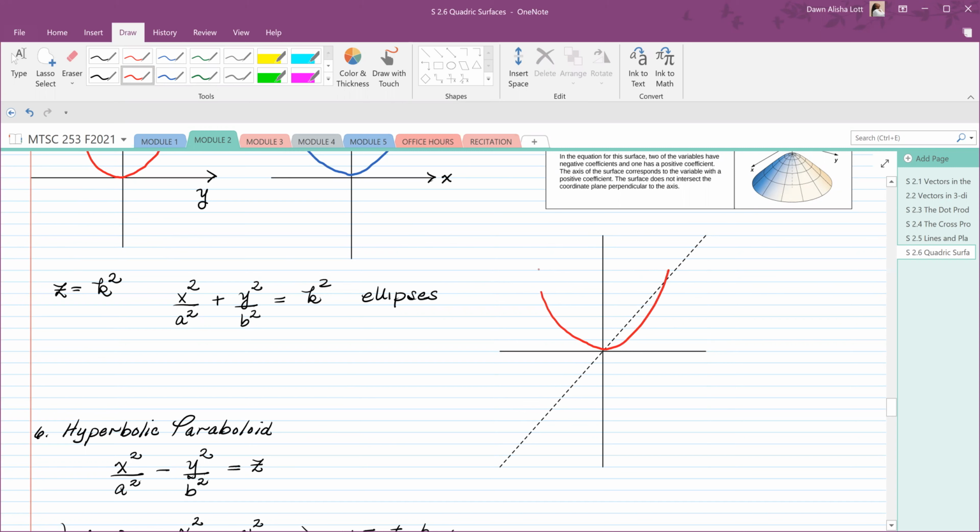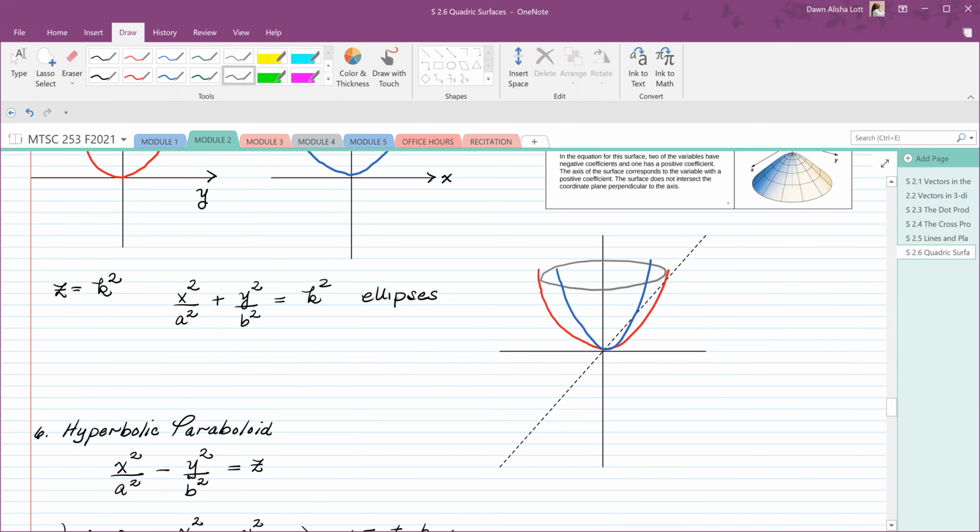I feel like I did this though. I don't know why I feel like I did this. A parabola in another direction. And then ellipses in this direction. So that is that.